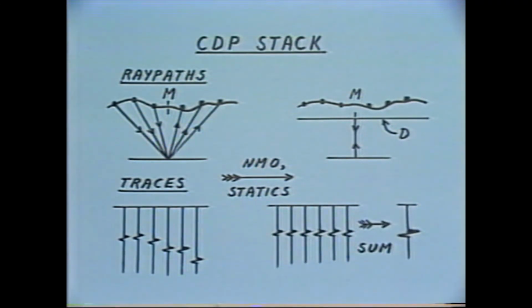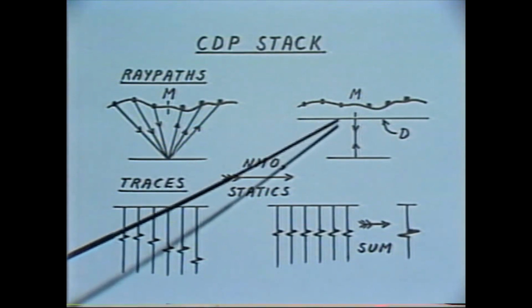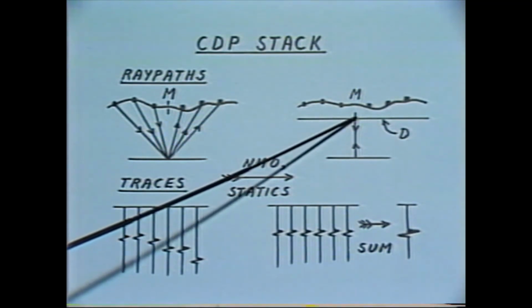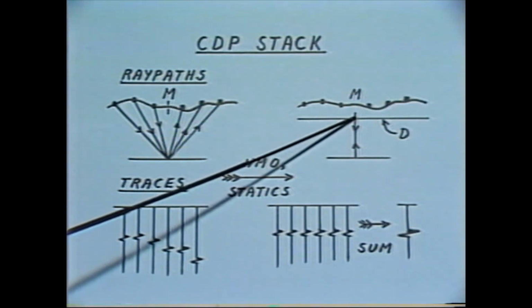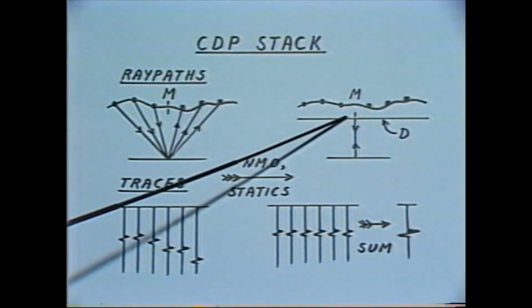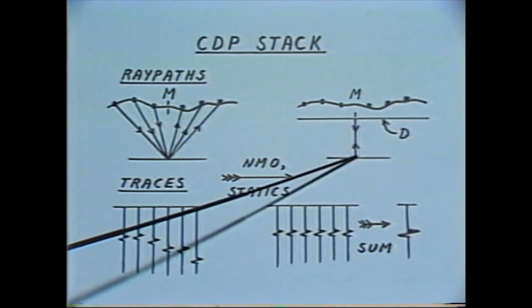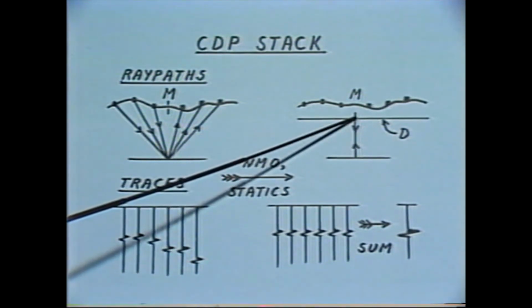Now in doing this, if we consider the ray path situation, what we've really done is take a set of traces with different ray paths, although they have a common reflection point, and corrected each of them to the travel times that we would have if all the ray paths were from the common midpoint on the datum plane to each particular reflector and back.